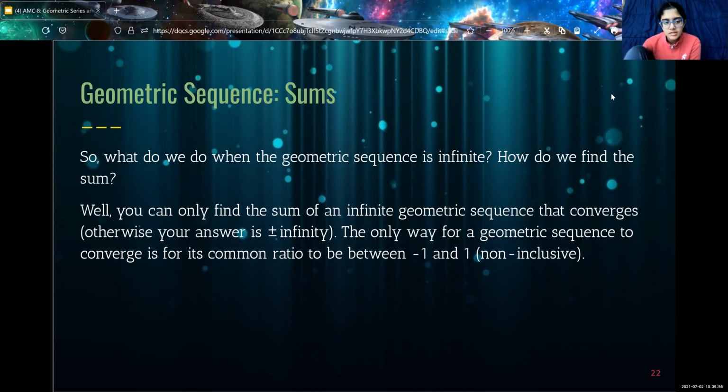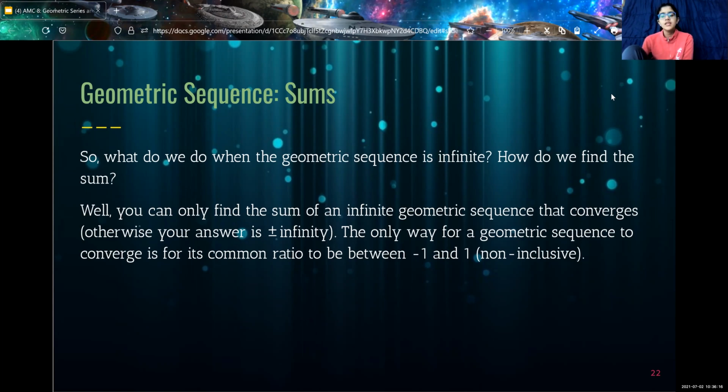The only way for a geometric sequence to converge is for the ratio to be between -1 and 1, non-inclusive. Because if the ratio were -1, it would be 3, -3, 3, -3, 3, -3, so on and so forth.